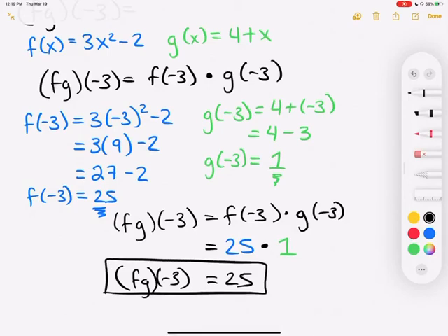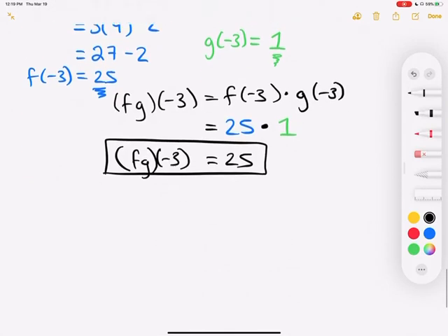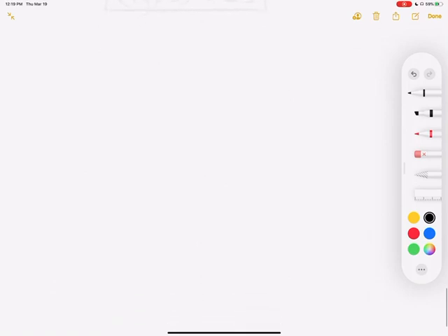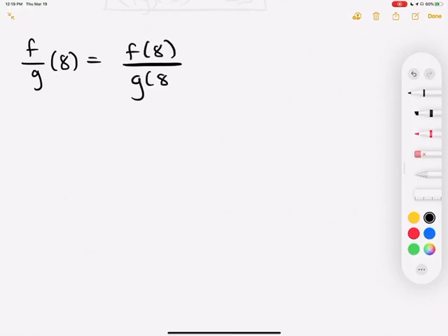That's a multiplication. So we have done addition, subtraction, multiplication. And now we're going to do a division of those two functions and see what result we get out of there. Okay. So division, we're asked to find f over g of 8, which means I have to find f of 8 and then divide it by g of 8. So let's find those two results.